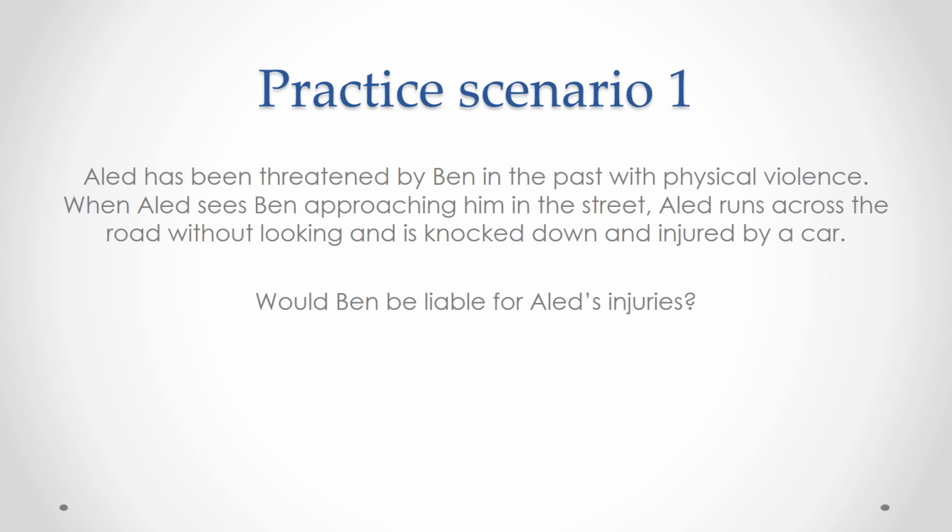As I say, there'll be some other scenarios on the worksheet and you need to complete these all in your next lesson. First one, Aled has been threatened by Ben in the past with physical violence. When Aled sees him approaching him in the street, Aled runs across the road without looking and is knocked down and injured by a car. Would Ben be liable for Aled's injuries?